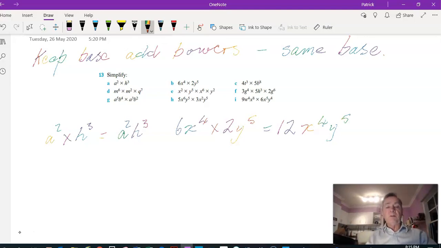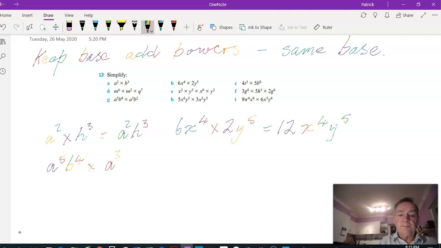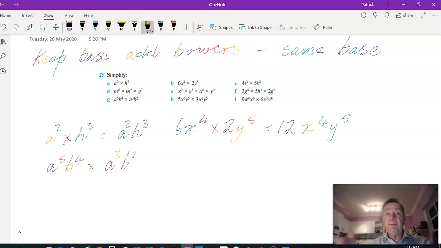So let's have a look at part G, which is a to the 5th, b to the 4th, times a to the 3rd, b squared. In this instance, we have got similar bases.